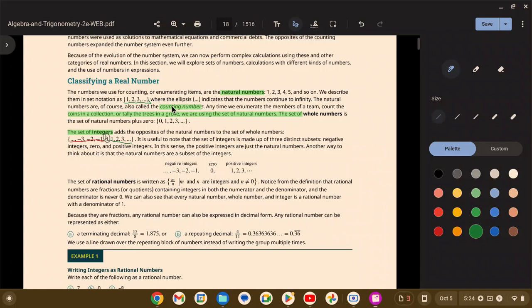The set of rational numbers is written in set bracket notation as m divided by n, such that m and n are integers and n does not equal 0. So any fraction such that the denominator is not 0.